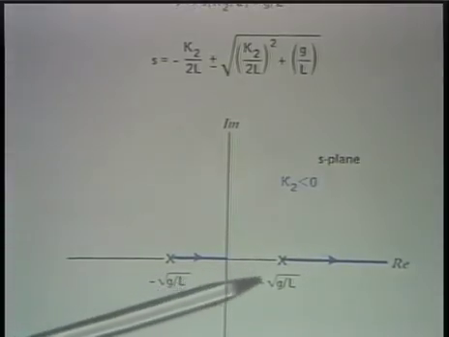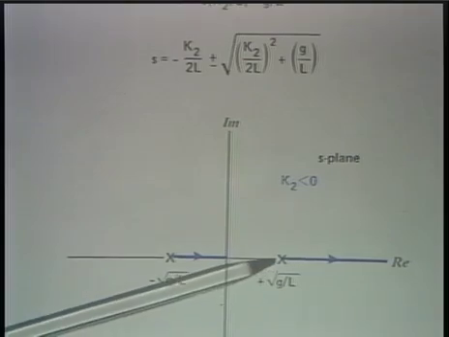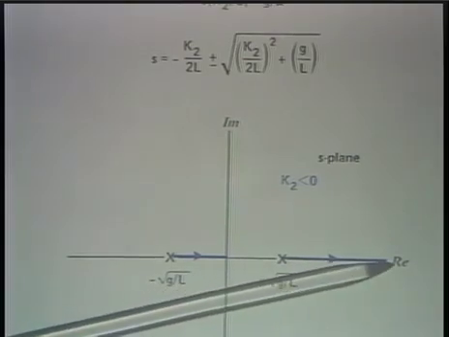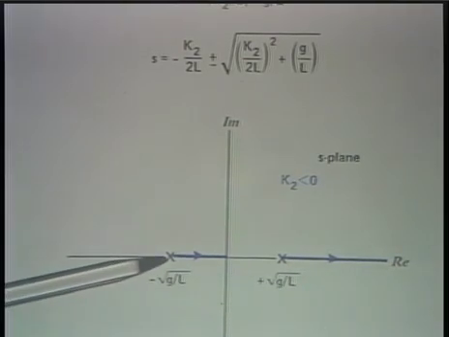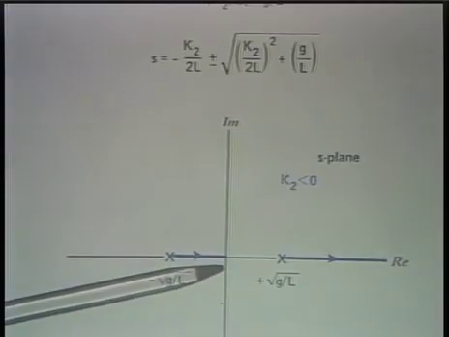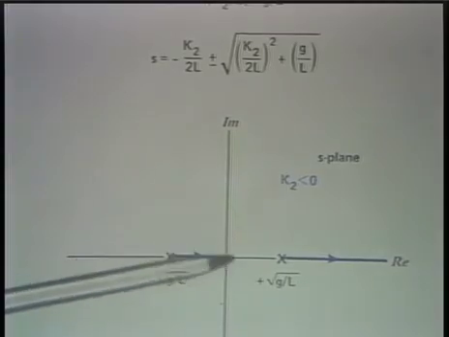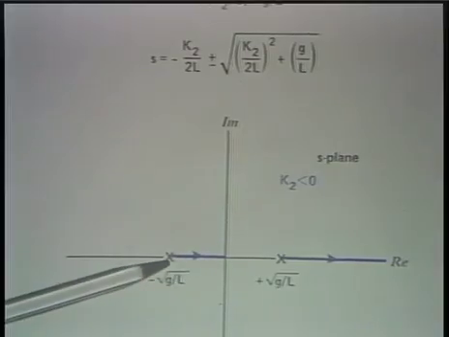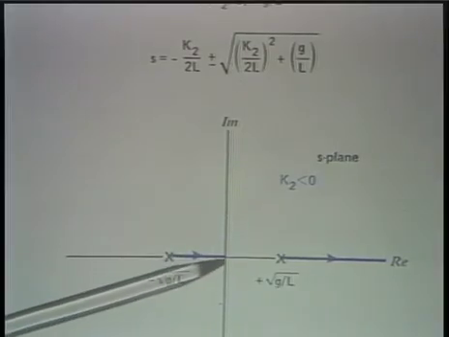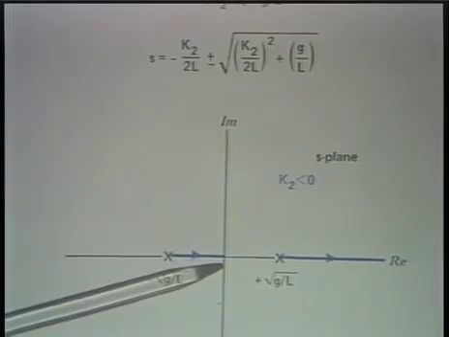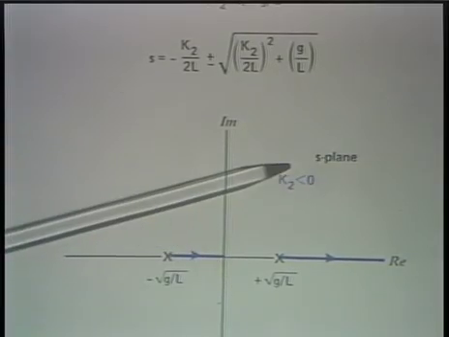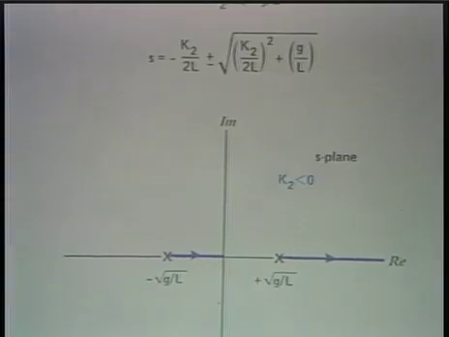Notice that this right half plane pole is becoming more unstable, and the left half plane pole likewise is becoming more unstable. This point, by the way, corresponds to where the root locus ends up when K2 eventually becomes infinite. So clearly, K2 negative is not going to stabilize the system.